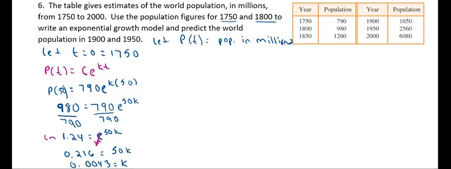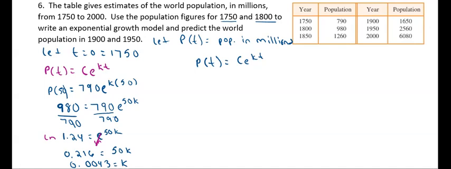So now we've got our k value. Now we're making some progress. We can keep going with trying to write our equation because we now know C and we now know K. So this means our P of T is going to be, we have C e to the KT, that's our original formula, but now we can fill in some other information.